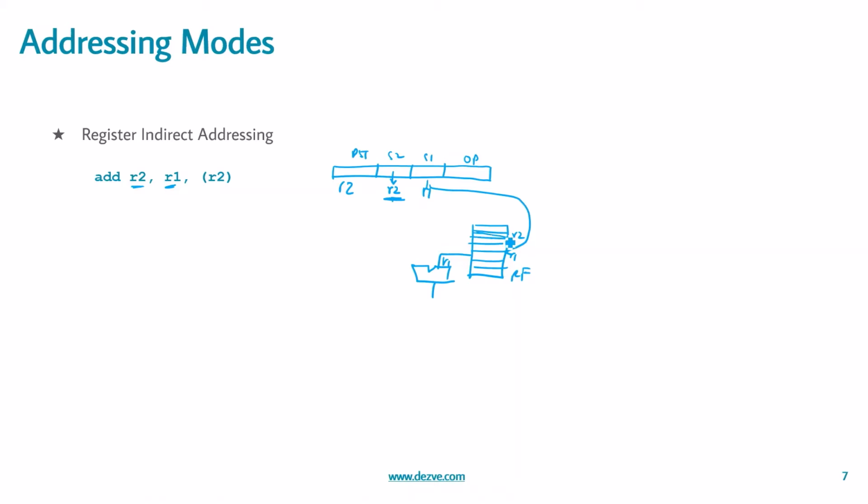This R2 now contains the address of a memory, so it will go to the memory. This address will index into the memory, and this data will then come back. So you see that it is indirect, as the address is not part of the instruction. The instruction specifies a register, and the register contains the address of the memory. So this is called register indirect addressing.